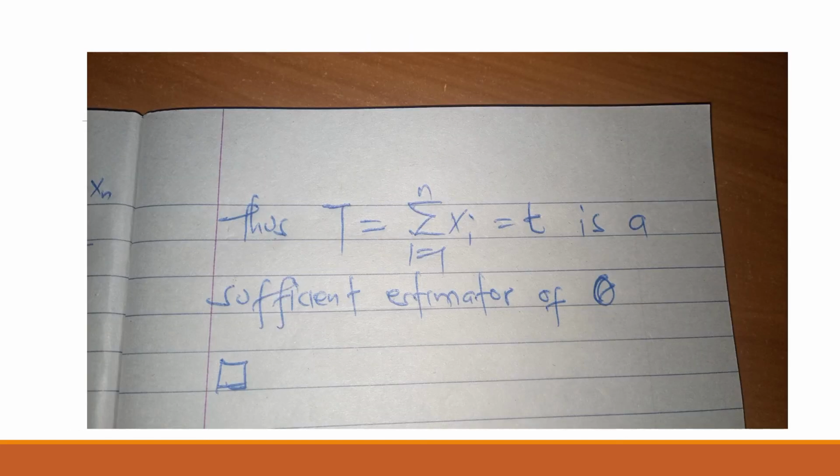So f of x1, x2, all the way to xn, given T equal to t, is equal to 1 over n combination t.